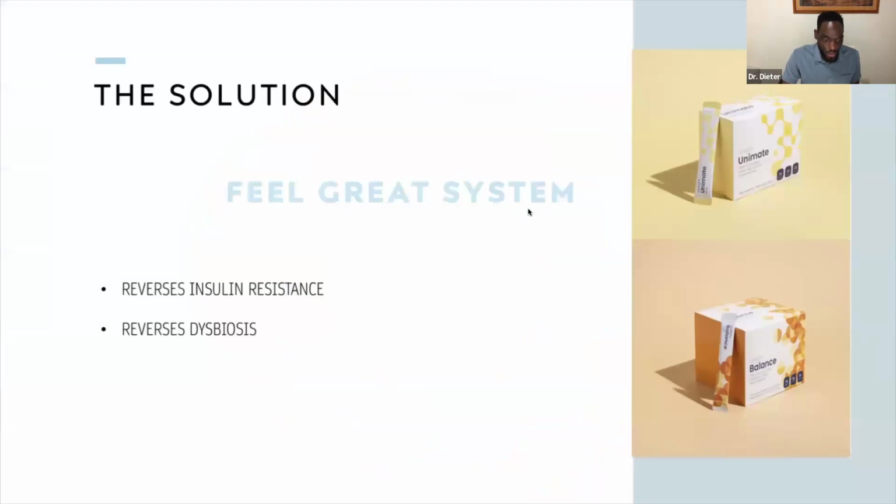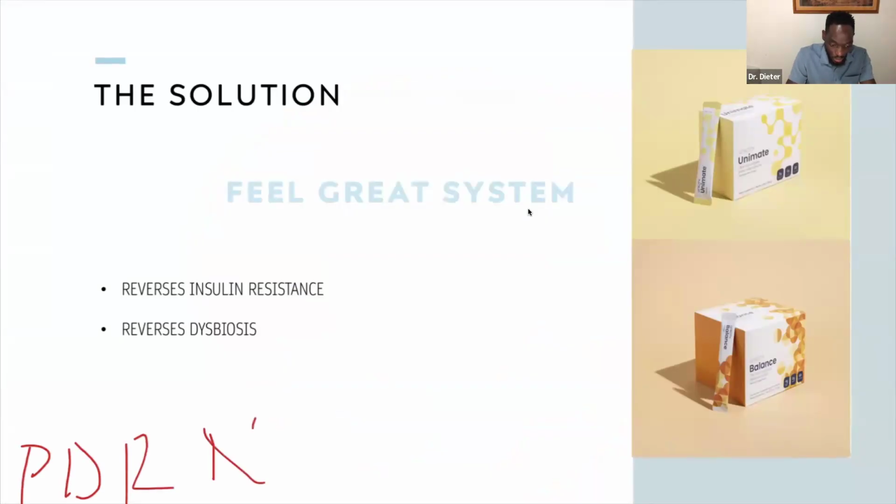And I want to introduce a nutraceutical product that I learned of as a physician early this year in March. If any of you have any medical background, these two products are listed in the Physician's Desk Reference, and they are nutraceutical products.